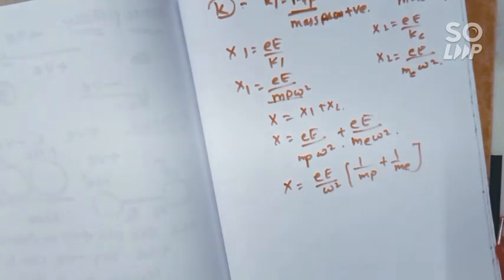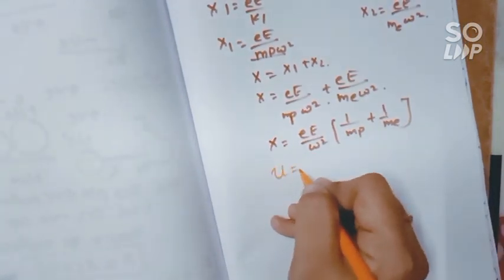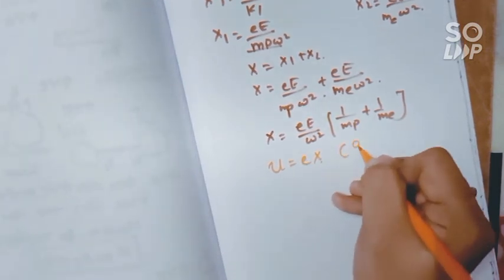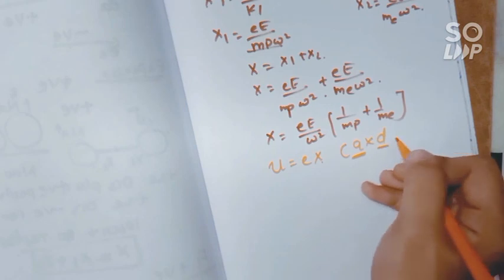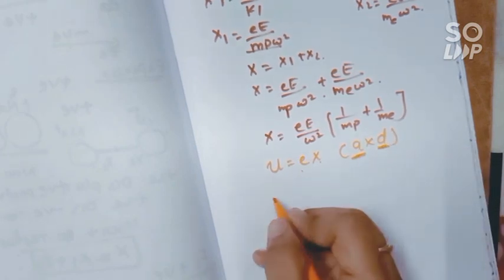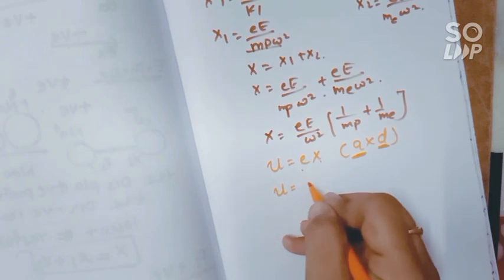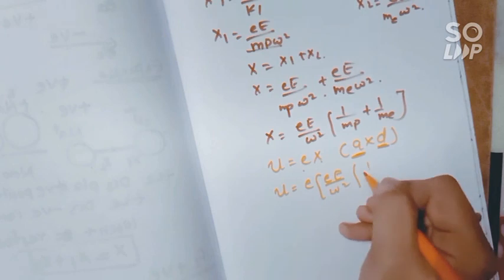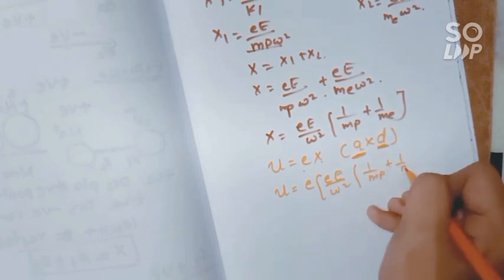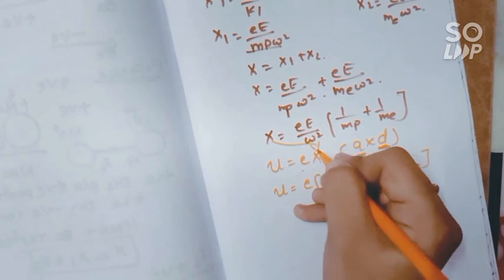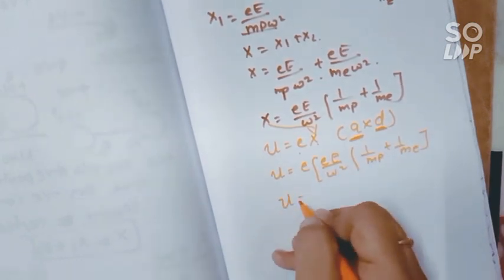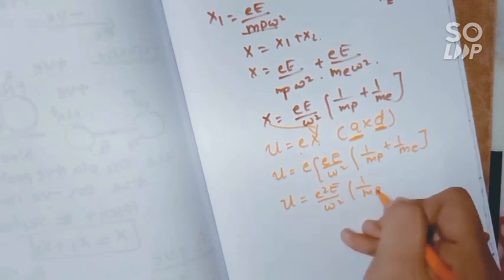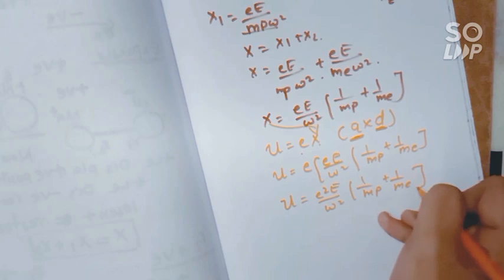And we know that the dipole moment mu equals e into x, that is, Q into d, where Q is the charge and d is the distance. Here d equals x and Q equals e. Substituting the x value, mu equals e into E e by omega square into 1 by mp plus 1 by me, that is, mu equals e square E by omega square into 1 by mp plus 1 by me.